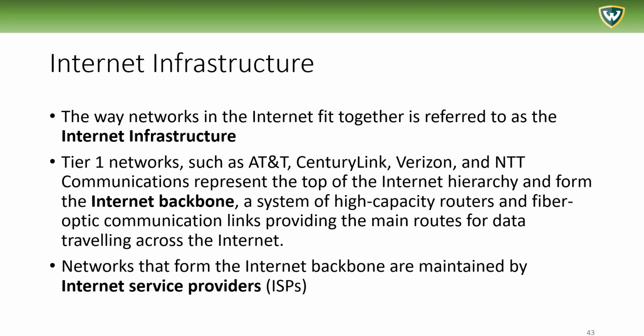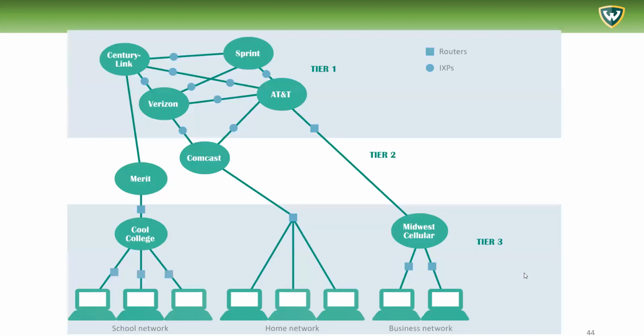Networks that form the internet backbone are maintained by internet service providers. So here's some example of tier 1, tier 2, and tier 3. At tier 1 level, we have the big guys actually providing the connections to the internet, or the backbone, essentially. Then there are smaller internet service providers like Comcast that connect to them.